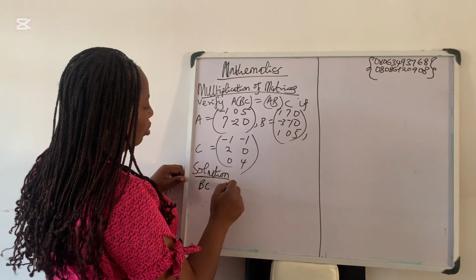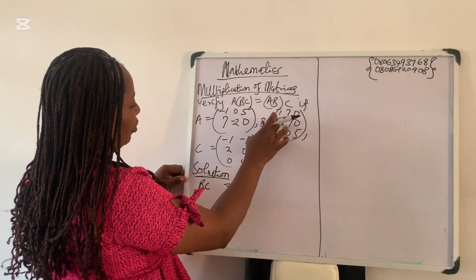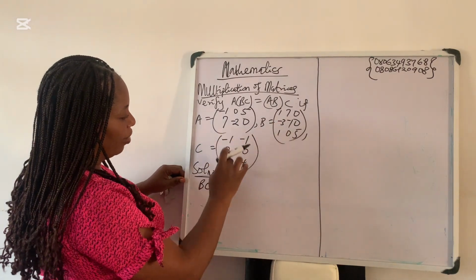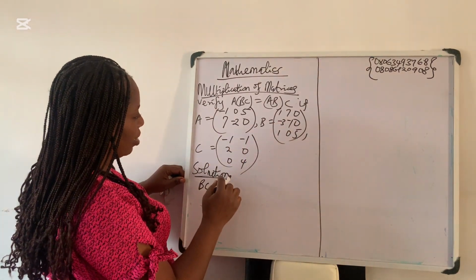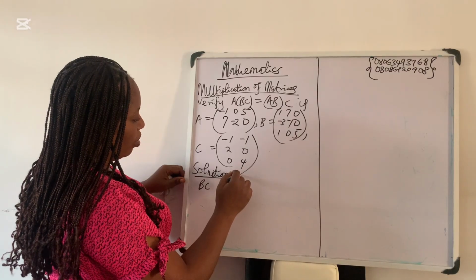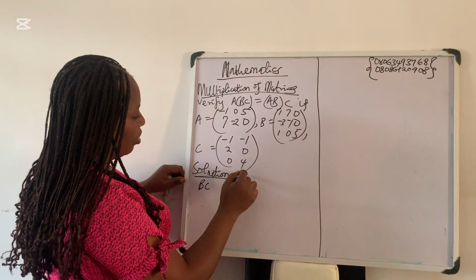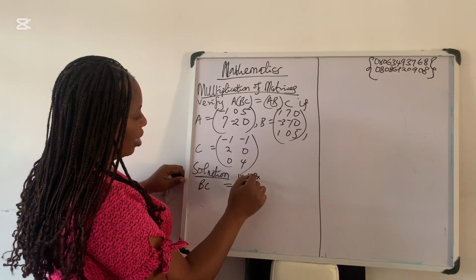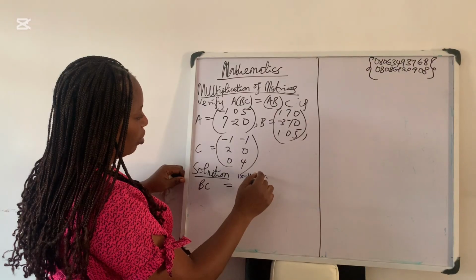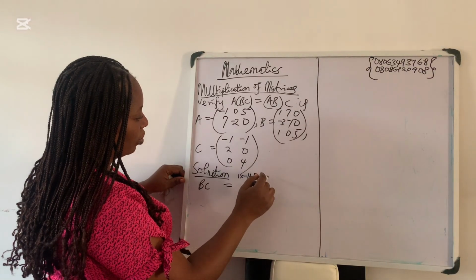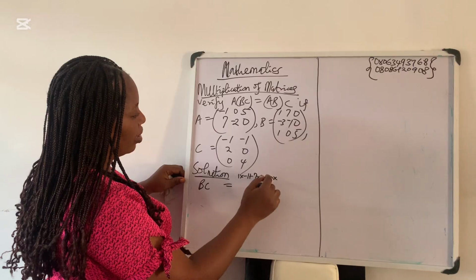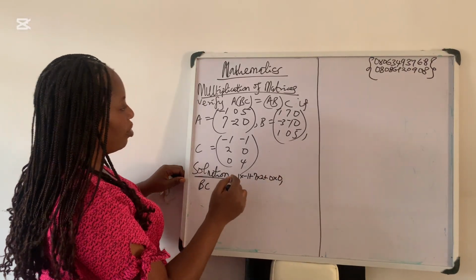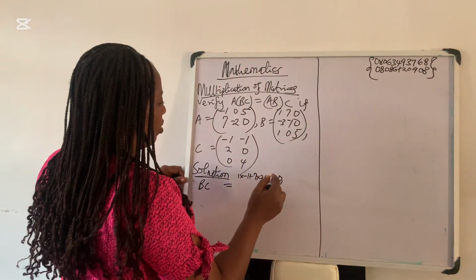This will be equal to, this is B and this is C. Picking the first row to multiply the first column in the next matrix: 1 times minus 1 plus 7 times 2 plus 0 times 0. Still use that first row to multiply the next column.